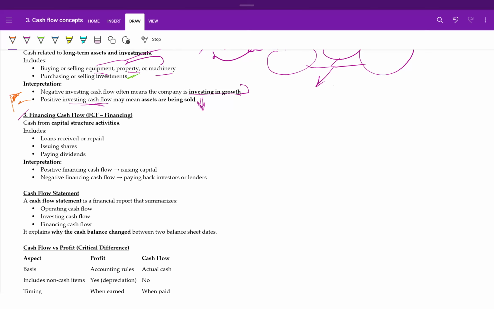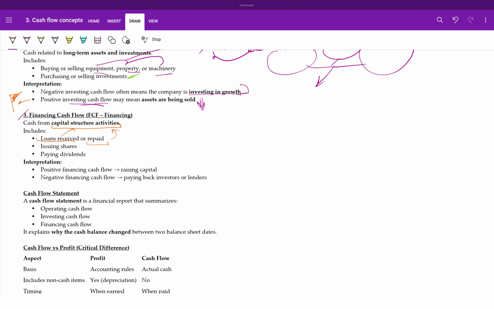And when we talk about cash flow from financing, what actually is it? Cash flow from financing is about the capital structure activities of the business, and it includes loans received or repaid. So we are going to use loans to fund ourselves, or we are going to repay the loans which we have used to help us expand.